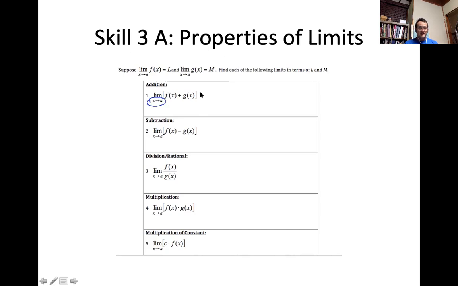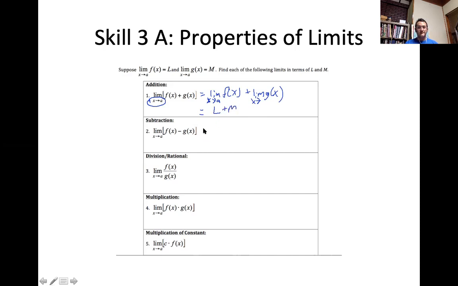This is the same thing as doing the limit separately. So I could say the limit as x approaches a of f of x plus the limit as x approaches a of g of x. So I do the limit separately, and I would just add the two numbers that I got. So it would be L plus M.